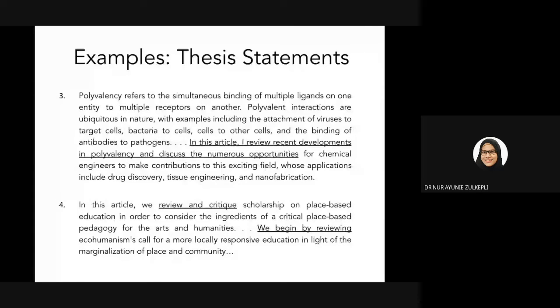Some prefer to use active voice: I, we, in our study, I did, something like that. Or I would prefer, in this study, it will be conducted by so and so, something like that. So you have to know whether you want to use the active or passive voice for your literature review, right?